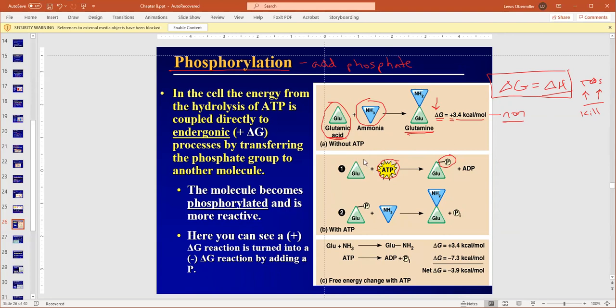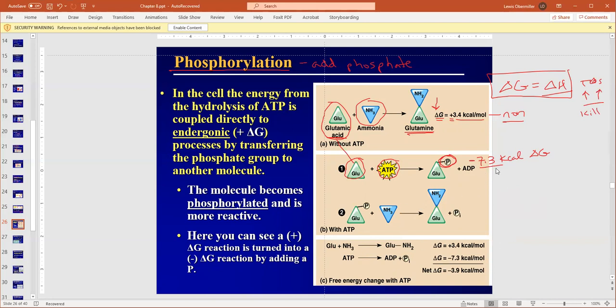So this is all we have to work with inside the body without changing the temperature or disordering the system. To do that, the body would take glutamic acid, which is right here, and take ATP and add a phosphate to it. Remember, that phosphate has a negative 7.3 kilocalorie delta G, so we can do simple math. I don't expect you guys to do the math on this. This is what someone that studies chemical thermodynamics would do.